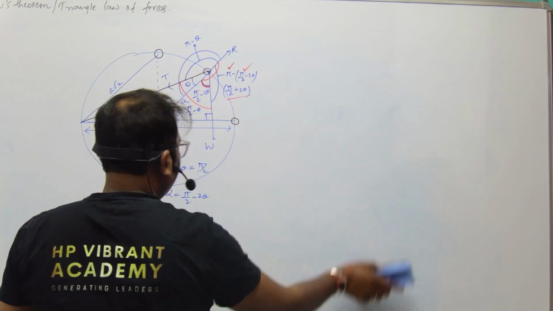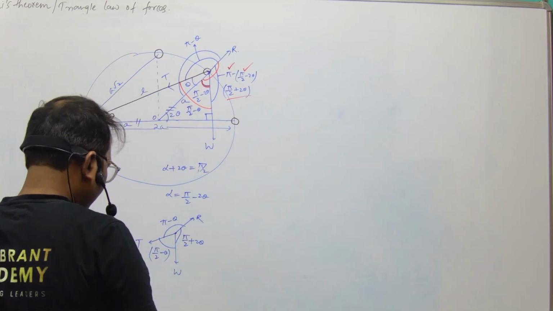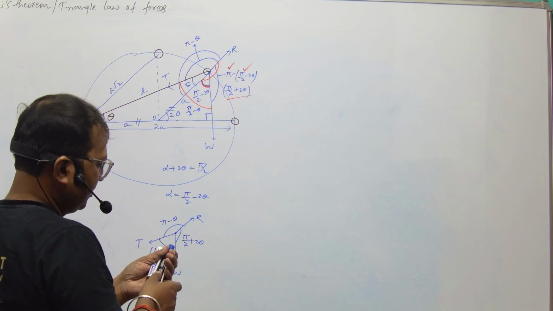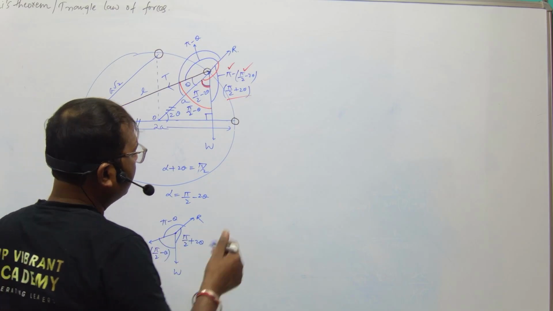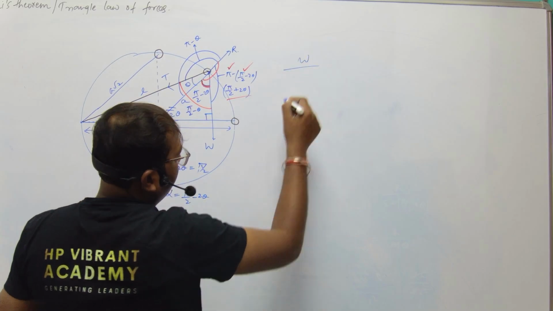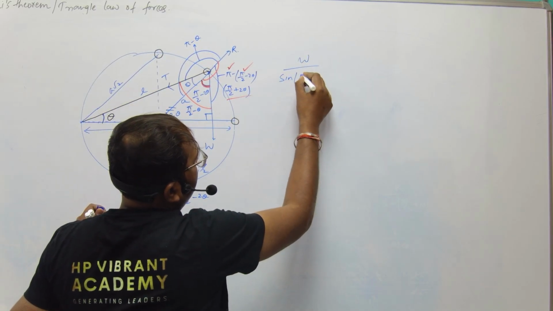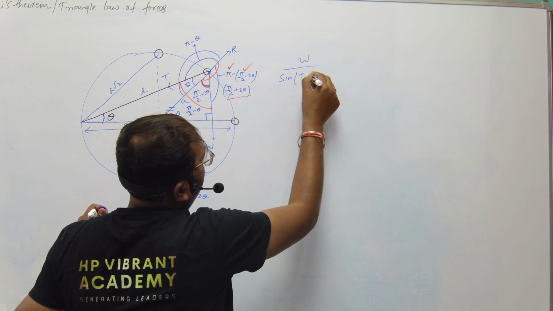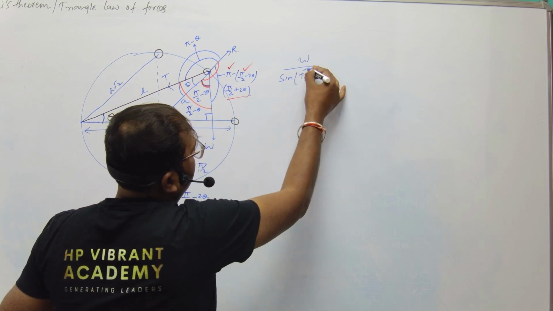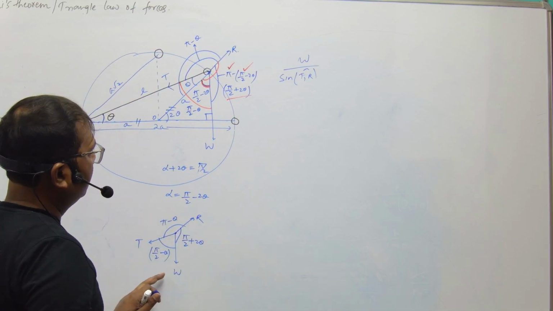So we have the force upon the opposite angle. Let us take the force as W. So W upon the opposite angle, which is sine of the angle between T and R. This is W upon that.